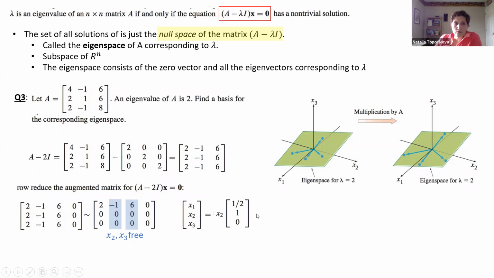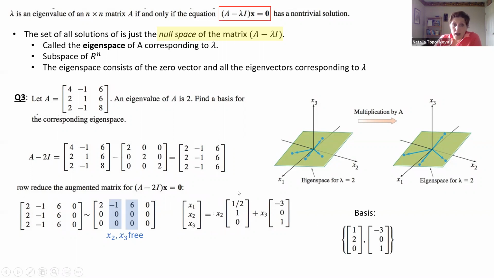If you are not sure how we find those vectors, please go back to the basis for the null space section, part of chapter 4, and repeat it. I'm not going to go through this because we have done the expansion of the basis several times in the previous chapters. But basically, we write down our x vector as a linear combination of the free variables and two vectors which form the basis for the space.